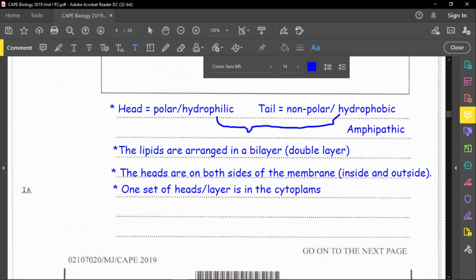So you see one in the cytoplasm of the cell, while the other one is on the outermost part, facing the extracellular fluid.